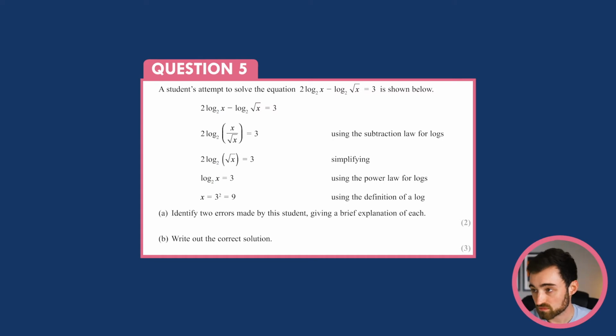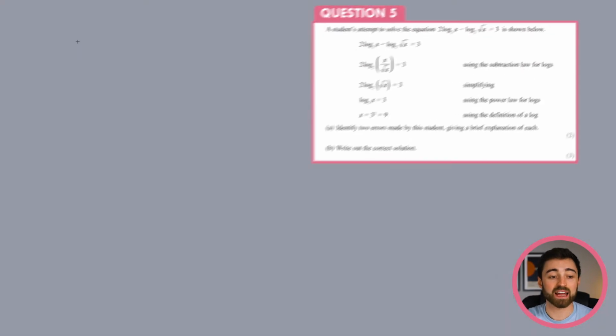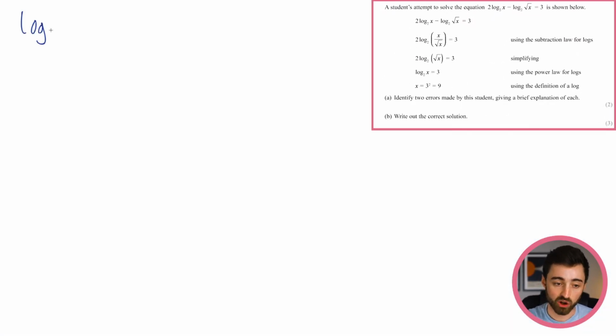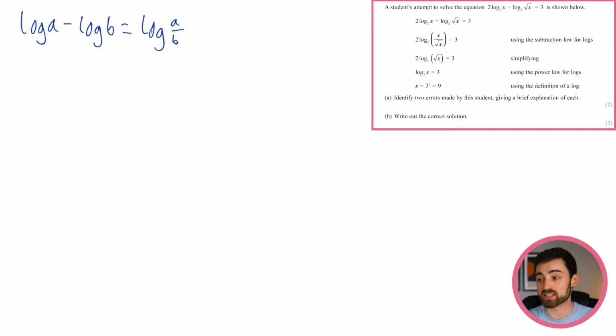So, okay. You might think that this first step makes sense. You say, okay, I know that if I have a log of something minus a log of something else, then I can say that is log of a over b, assuming that the base of the log is the same. That works.